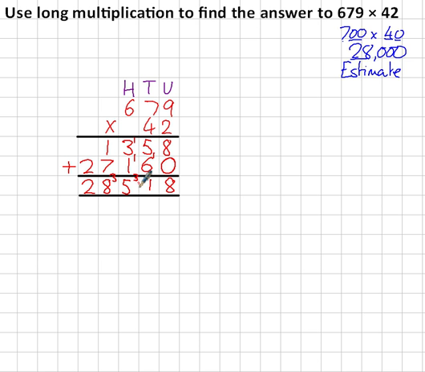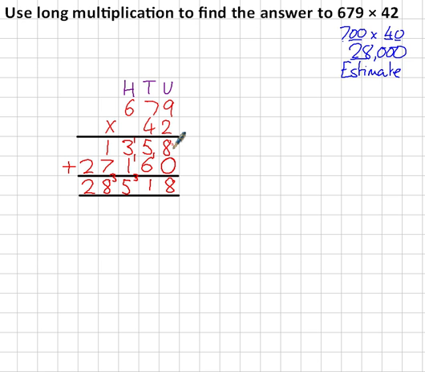Before I show you another example, I would just mention that you've got to be very careful with 2 things. First of all, that you set out the numbers very clearly and separately in columns. So make sure that the 9 and the 2 are quite clearly in the units column, that the 7 and the 4 are quite clearly in the tens column, and that the 6 is quite clearly in the hundreds column.